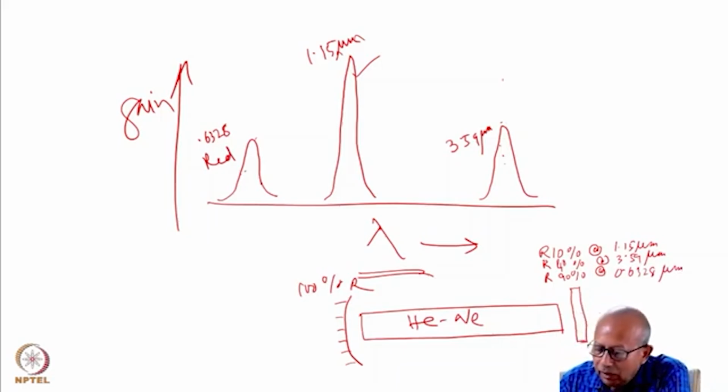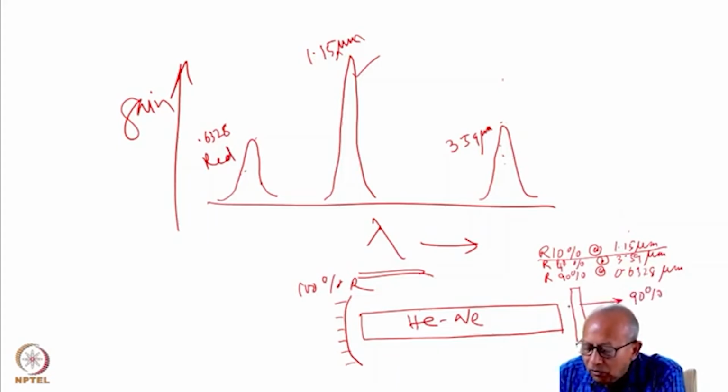So then, for the transition which has the highest gain, 1.15 micron, the light that grows inside this cavity, as it shines onto this mirror, the mirror transmits 90% of this, that is, it is 90% lossy, and it reflects only 10% of this light back. For 3.59 micron, it transmits 60%.